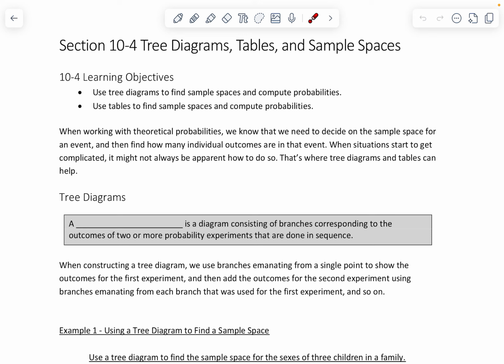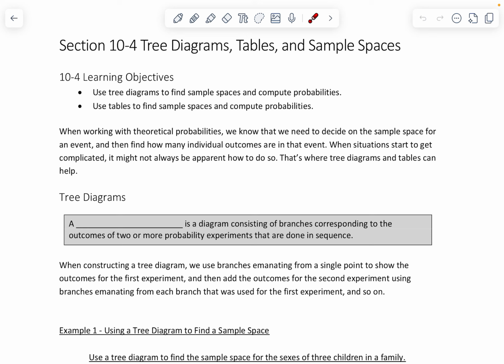When we are working with theoretical probabilities, we know that we need to decide on the sample space for an event, and then find how many individual outcomes are in that event. We looked at some simple examples of this in an earlier section, the first section of Chapter 10, where we were looking at theoretical probabilities and exploring situations where you have a fixed number of outcomes and they're all equally likely.